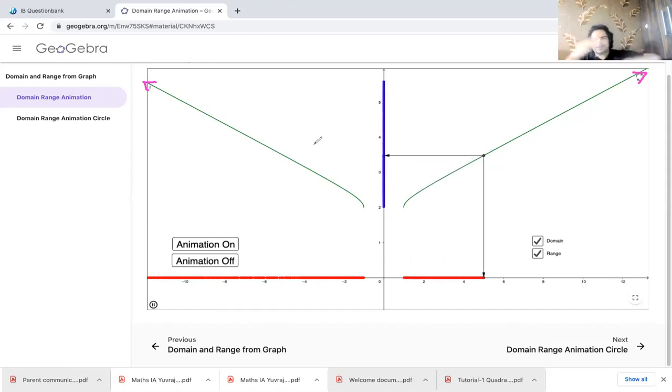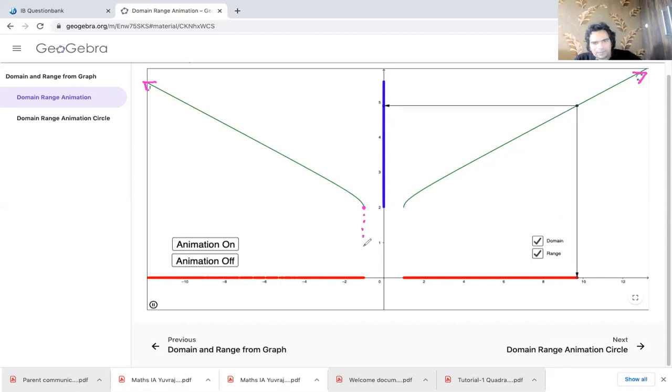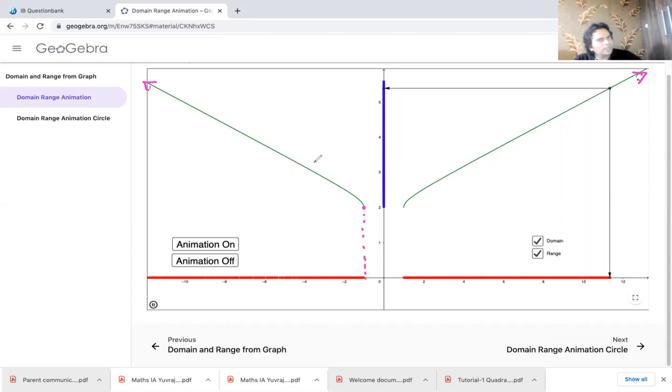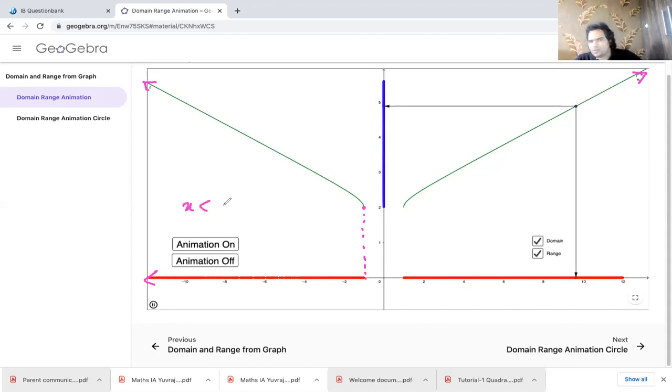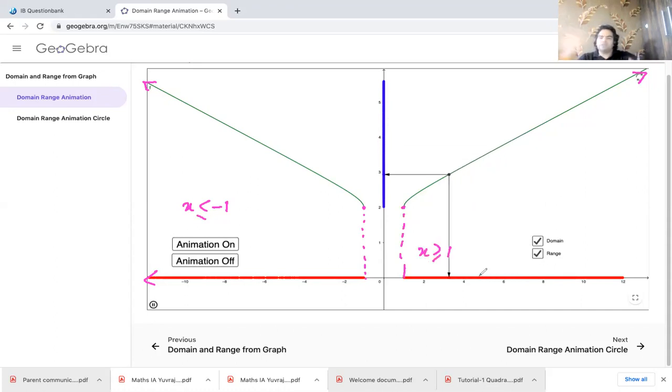And along the y-axis, the purple lines that you can see, that's your range. In simple terms, the domain looks like this side, which is x less than or equal to -1. And this side is x greater than or equal to +1. That's your domain, and this extends all the way to infinity.